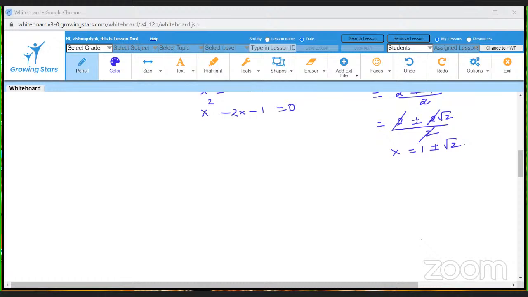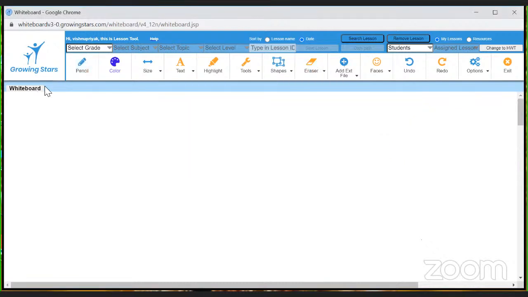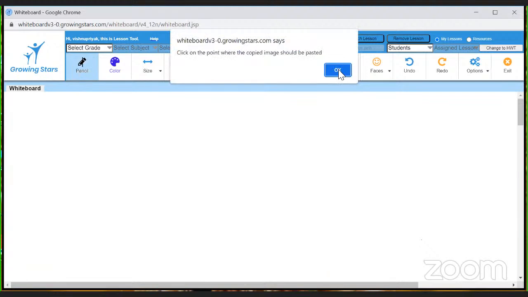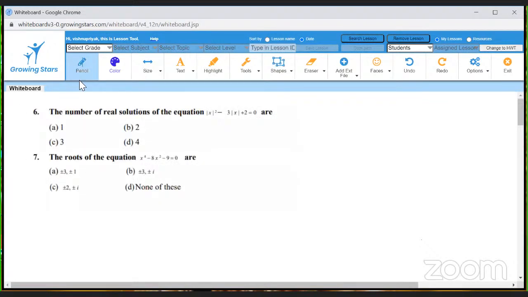Okay, let's go to the next question. I will put 6 and 7. As I told you, you can start doing if you know it. The number of real solutions of the given quadratic equation.